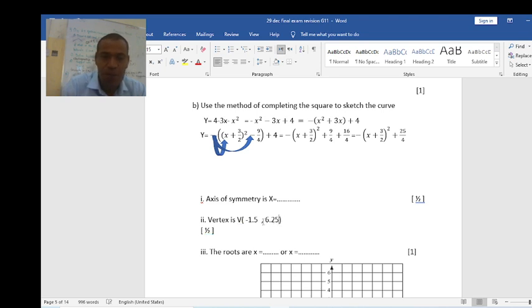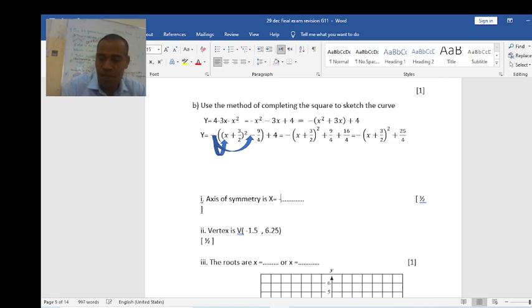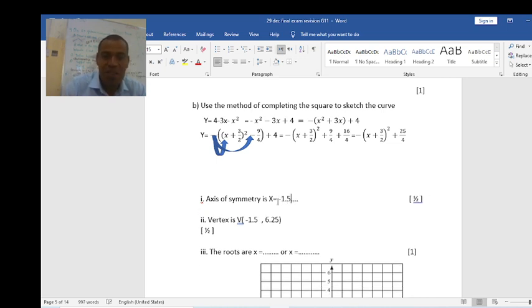Now the axis of symmetry is equal to negative 1.5, or negative 3 over 2.